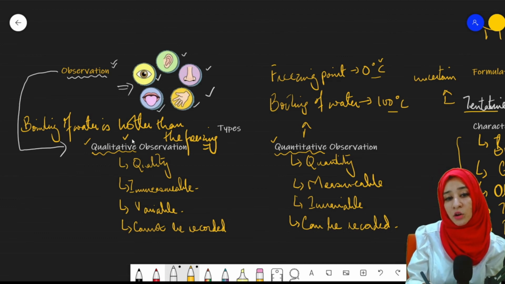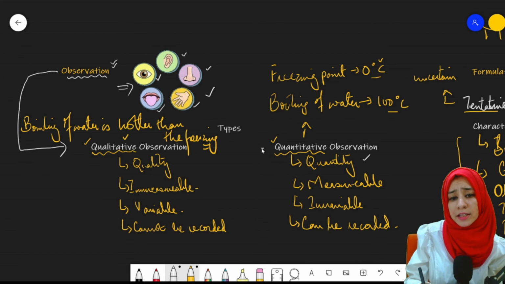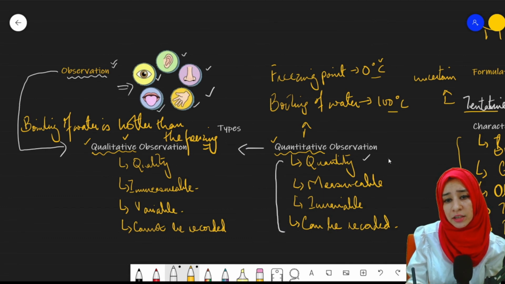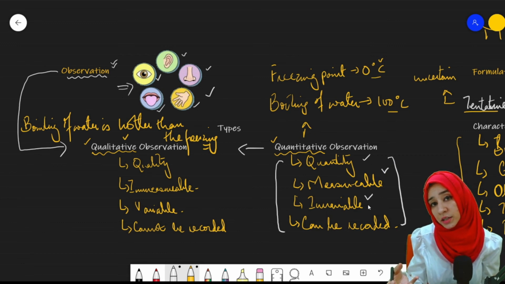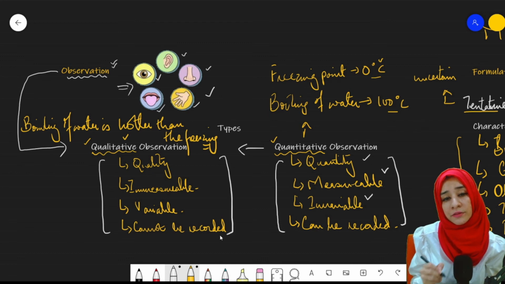Qualitative obviously will tell us the quality, whereas quantitative will tell us the quantity. And quantitative is much more accurate as compared to qualitative because of these 4 reasons: it is a quantity, it can be measured, it is invariable, and it can be recorded in terms of number. Whereas the opposite is the case for qualitative observation, right?